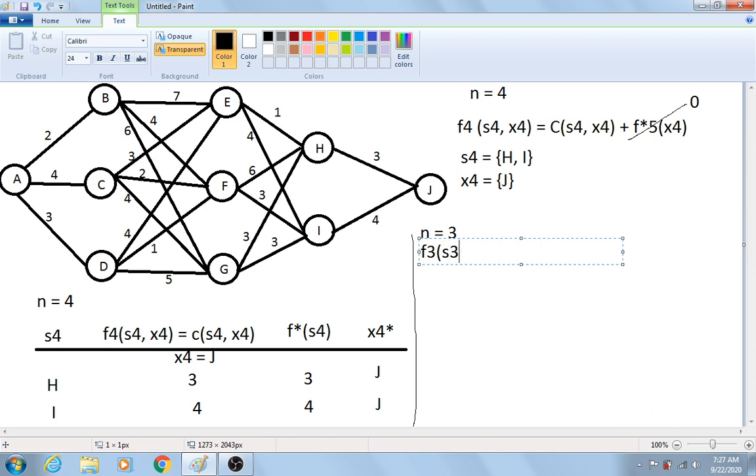It depends on our position and our destination, and then the cost of going from a particular position to a particular destination, plus our optimum solution for the n plus 1 stage. So since it is n equal 3 now, n plus 1 is 4, and that depends on our decision variable for stage number 3. So this is a function of x3.